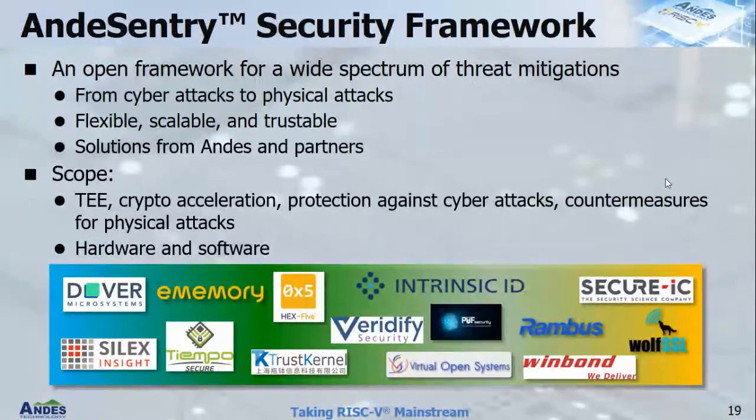And we provide this to our partners to make it easier for people building on RISC-V to add all the security, to have a root of trust, to have secure message exchange and things like this. So the security framework Andes is now offering, or we are working on, is really a mix between hardware and software.